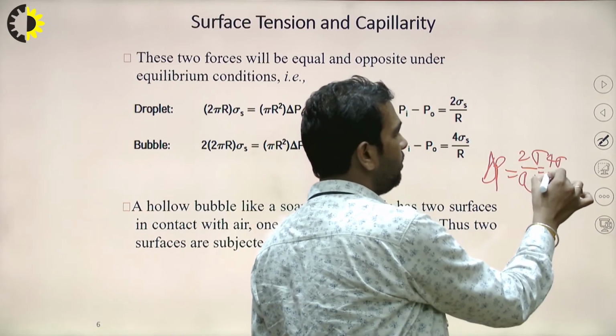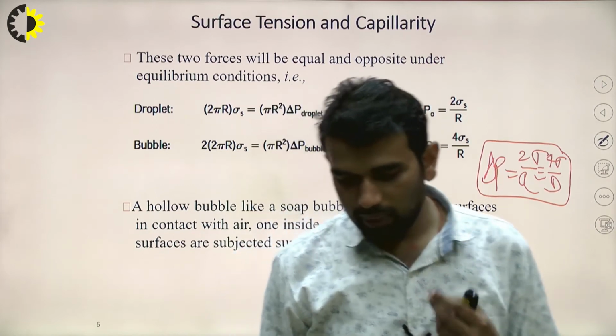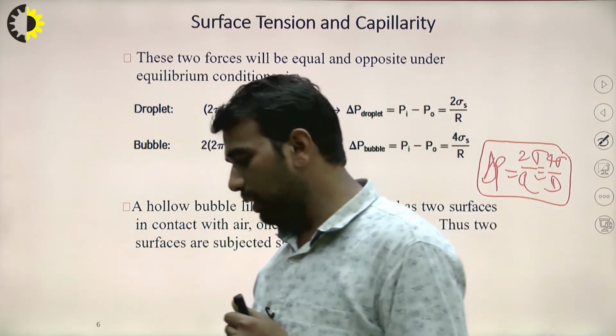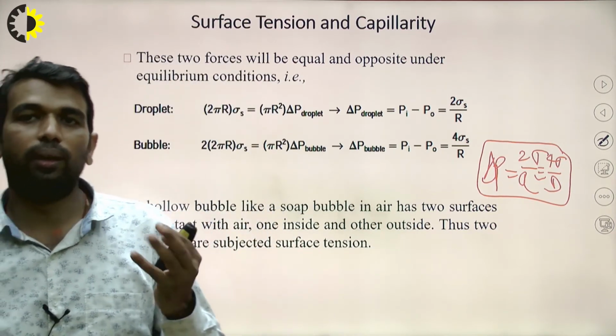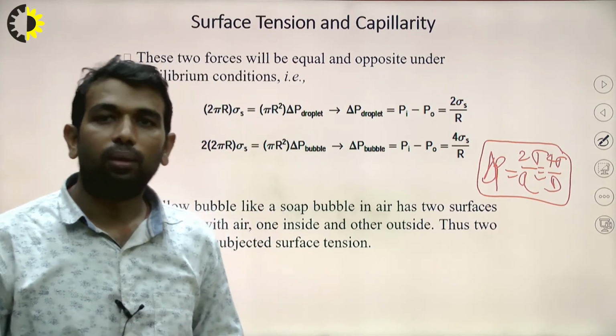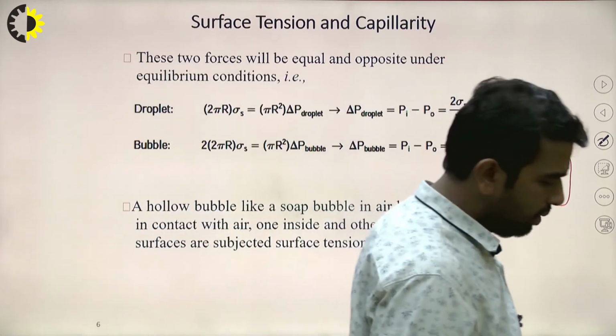Any of them you can use to find the extra pressure developed inside the droplet so that this droplet can survive. That is nothing but 4 sigma by d.